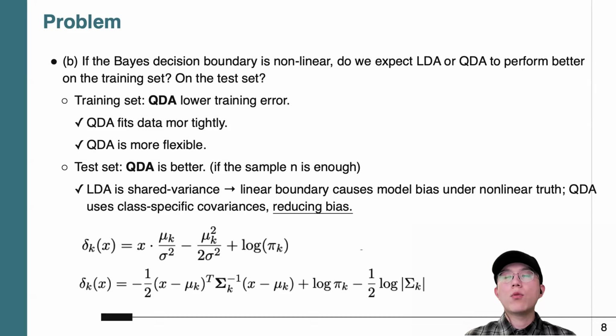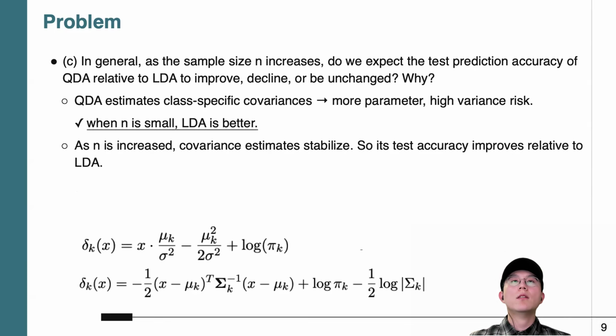So it has lower bias on the non-linear truth. But with a small n or large p, QDA can underperform because of high variance. Next slide.